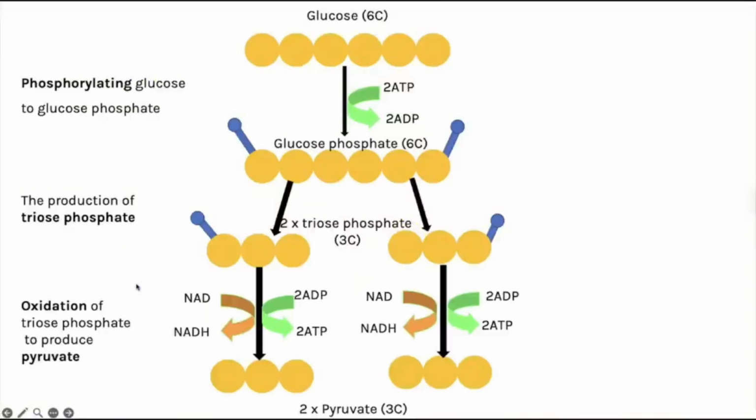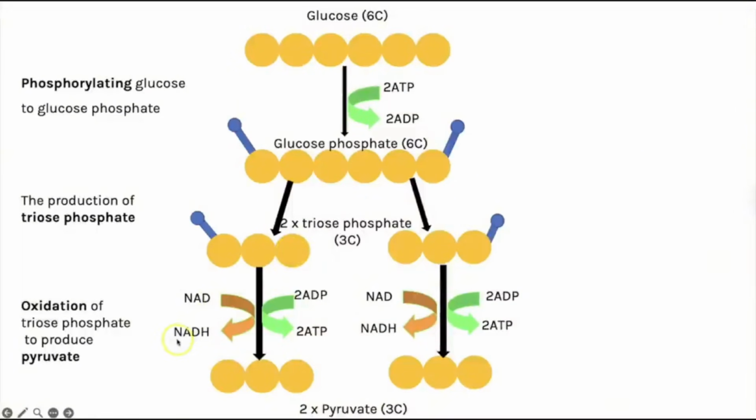That triose phosphate is then oxidized to make 2 molecules of pyruvate. And we can tell it must be an oxidation because the coenzyme NAD has gained a hydrogen from the triose phosphate. And if it's gained a hydrogen, that means it's a proton and an electron. So if triose phosphate has lost that proton and lost the electron, then it has been oxidized.